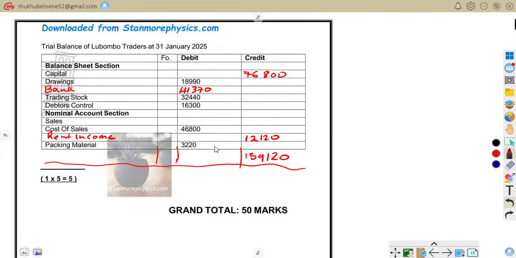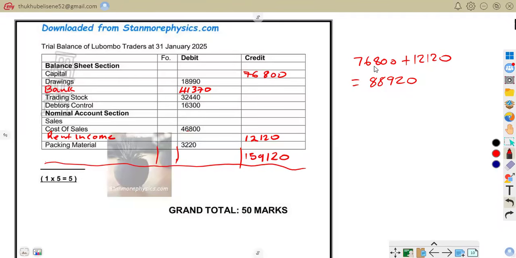So now it means that we are going to add 76,800, which is our capital, plus rent income, and then subtract that from our 159,120. So we're going to say 76,800 plus 12,120.